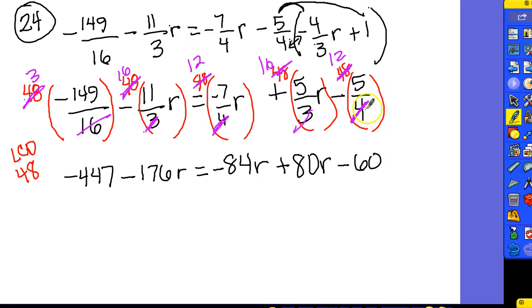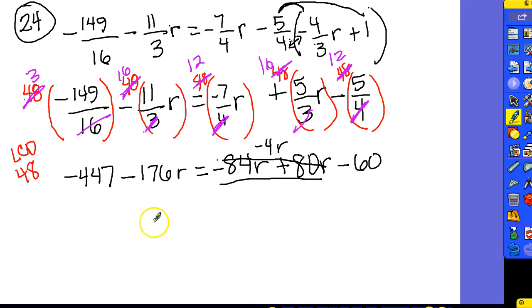No, because there's no R on that last one. Then I'm going to combine those guys. If you don't mind, I'm just going to rewrite it as negative 4R instead of rewriting the entire problem. You guys okay with that? I'm combining like terms and saving my hand.